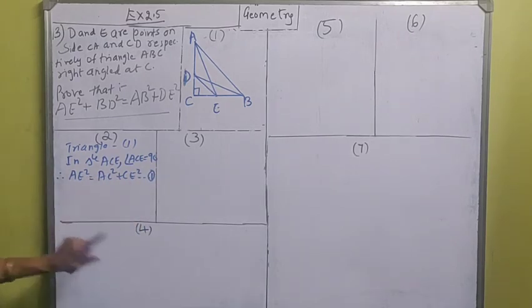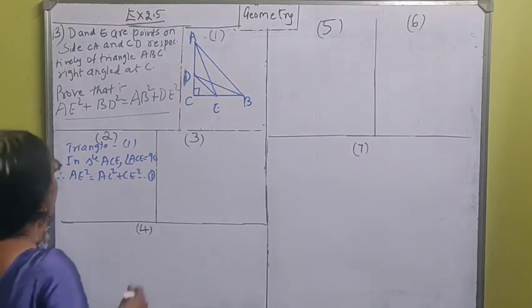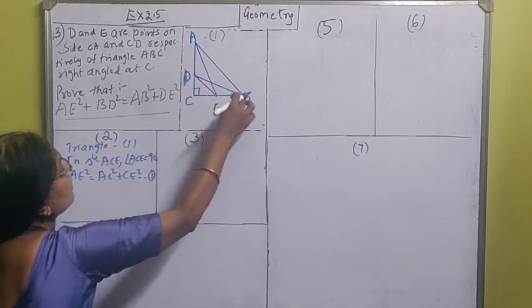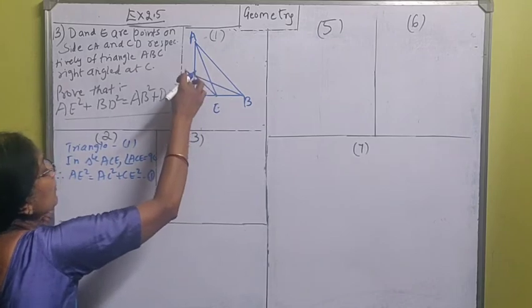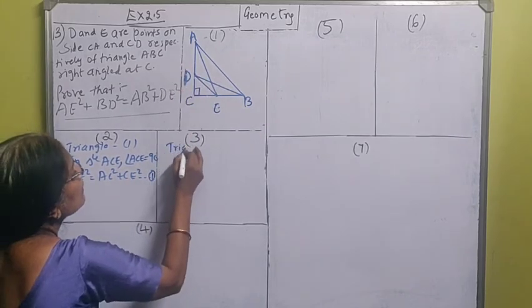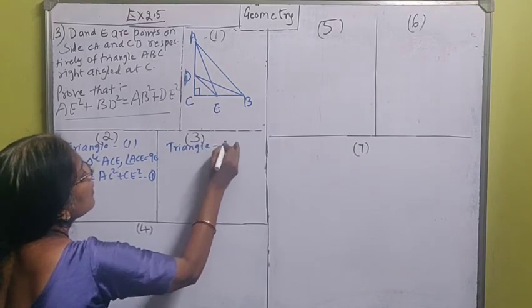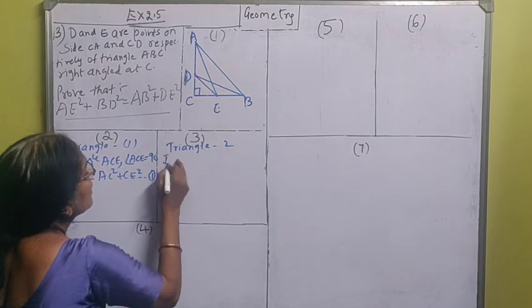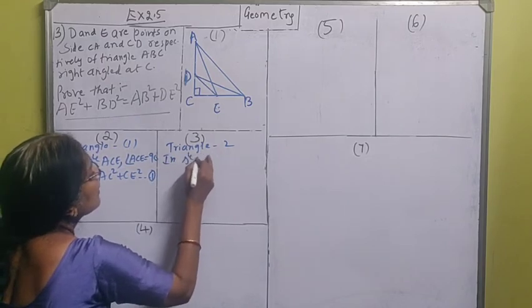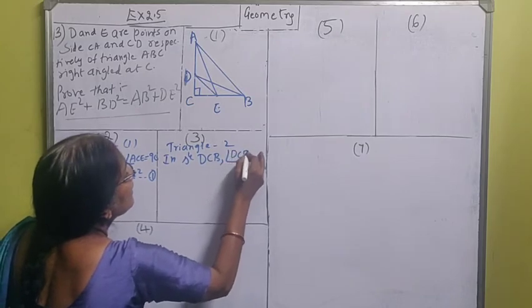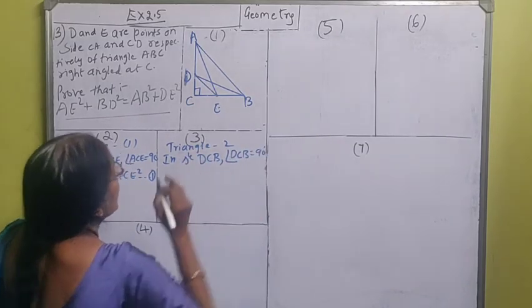Now we will go to the second triangle. What does he want now? BD square. So where is BD? DCB. If you take BD you get triangle DCB. So that is your triangle 2. In triangle DCB, angle DCB is equal to 90 degree.